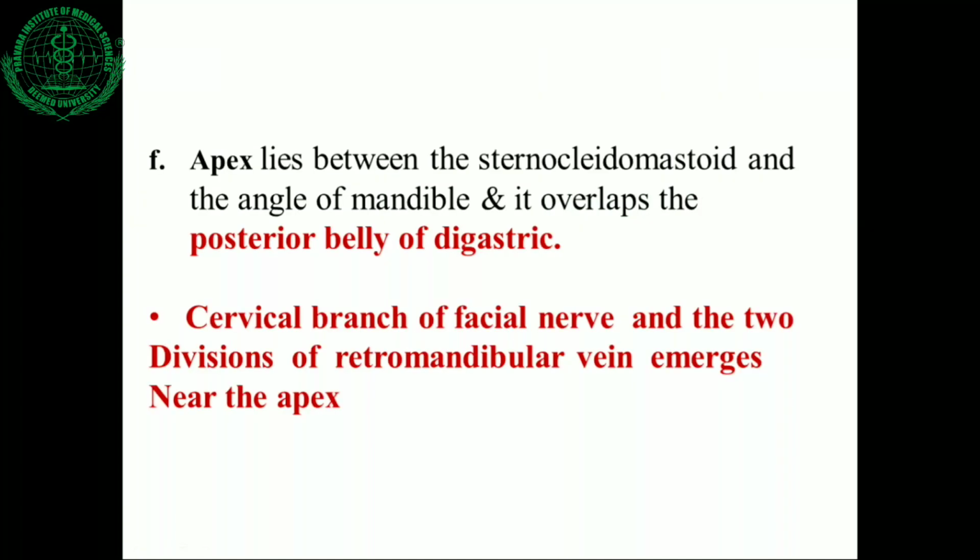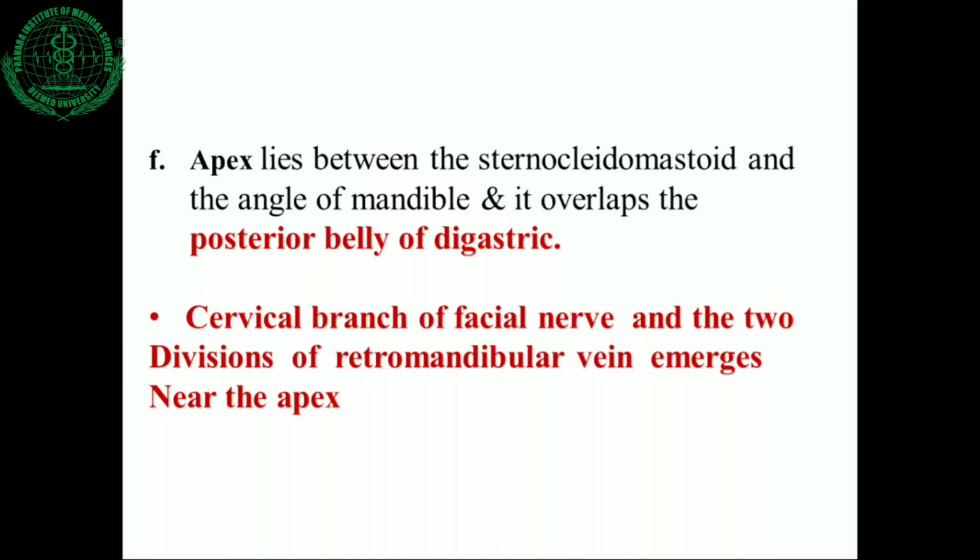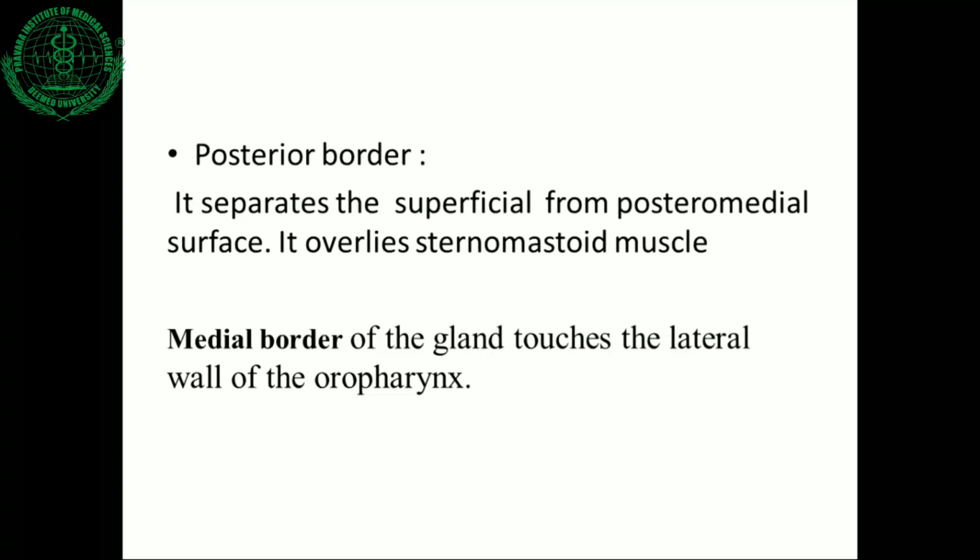After this anterior border of the parotid gland, now regarding the posterior border of the parotid gland. The posterior border of the parotid gland separates the superficial from the posteromedial surface. The posterior border overlies the sternocleidomastoid muscle. After this posterior border, now regarding the medial border of the parotid gland.